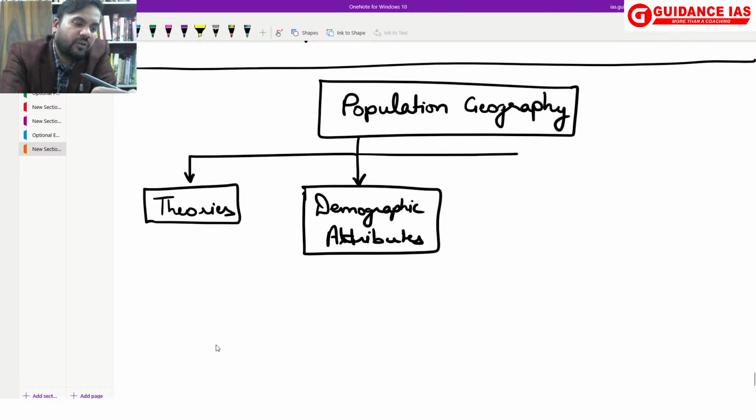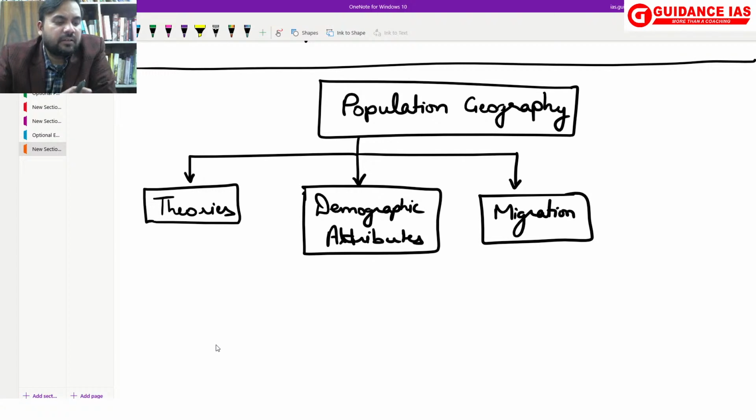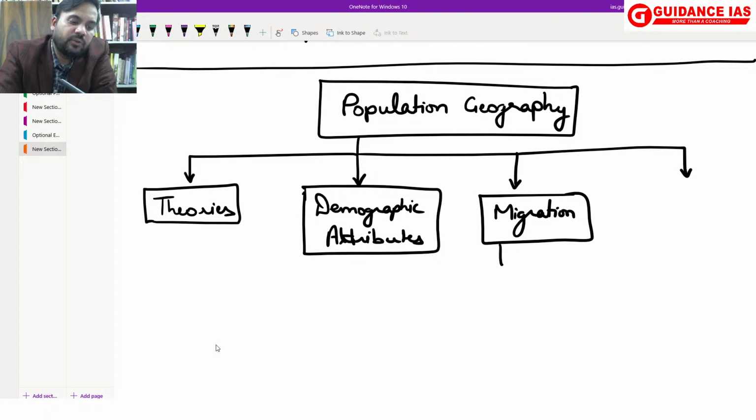One aspect of the topic is migration. It is part of demography, but I am taking it separately. So migration is another aspect that we have to study. And here also there are some theories and application of theories.